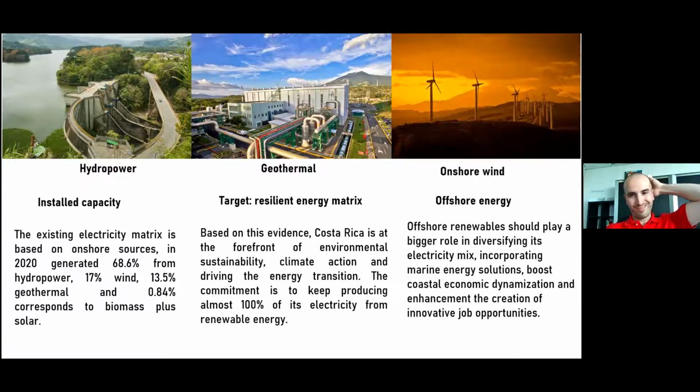But we need to prepare for the near future. We need to change to a more resilient electric matrix.